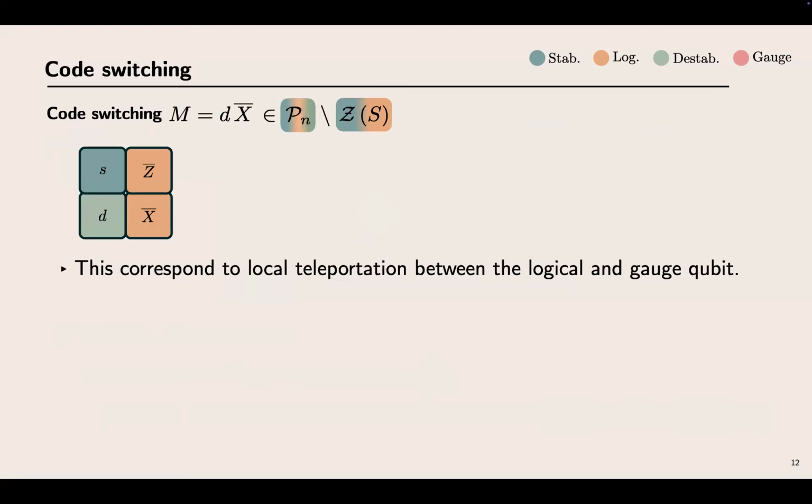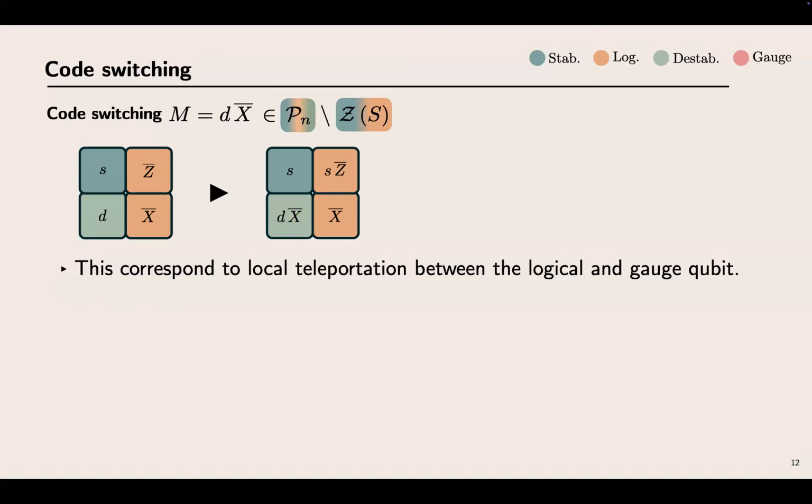Let's say I have a stabilizer code defined with just 2 pairs here. And then I decide to measure the operator dx. It's in between a logical operator and a stabilizer. When I do this measurement, I can just multiply one of the logical operators by a stabilizer. I can always do this. It doesn't change the shape of the logical operation.